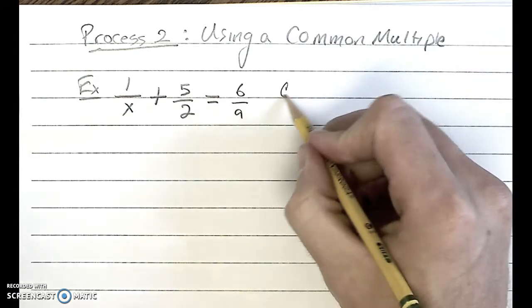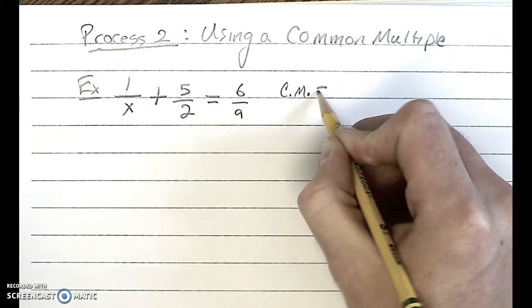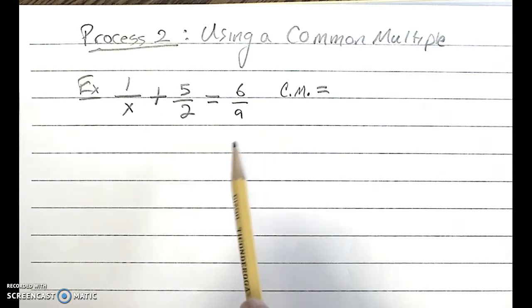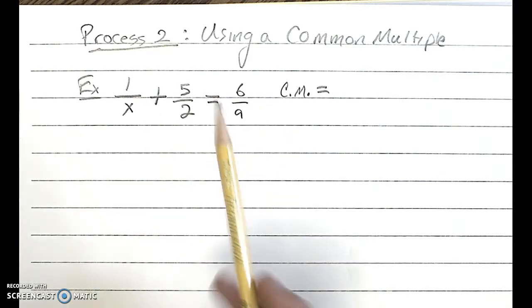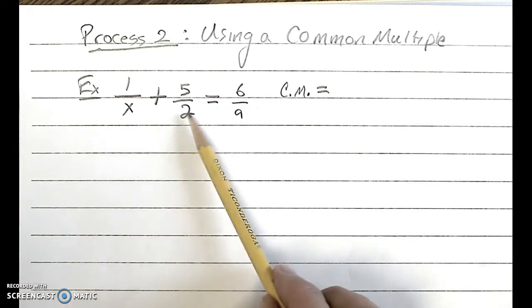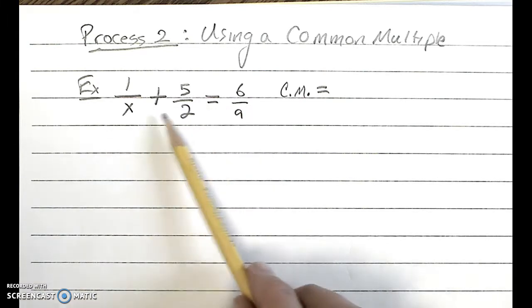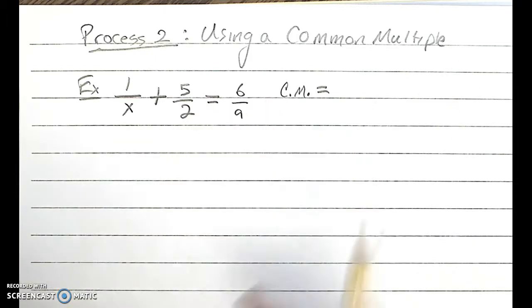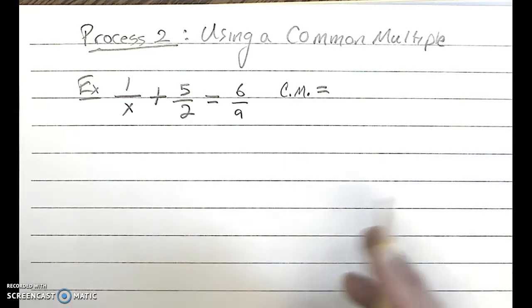We usually start by writing down what a common multiple of all these denominators would be. This is a slick method that allows us to remove our denominators before we do any adding, subtracting, or really any algebra besides multiplication.